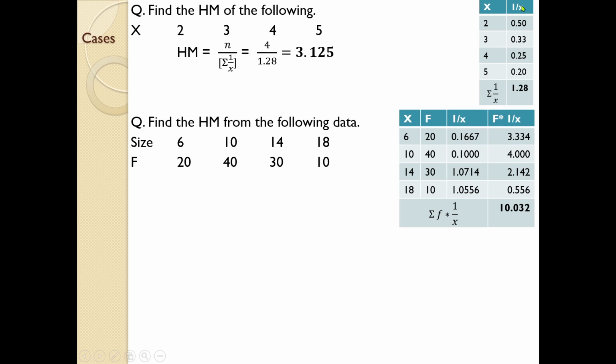Remember, previously you took the total of 1 by x, but in case of a discrete and continuous series, you do not take the total of 1 by x. You need to take the total of f into 1 by x. Here it is 10.032. By substituting the same in the equation, n divided by sigma f into 1 by x, where n is the total of f, you will get 100 divided by sigma f into 1 by x. The answer is 9.97.